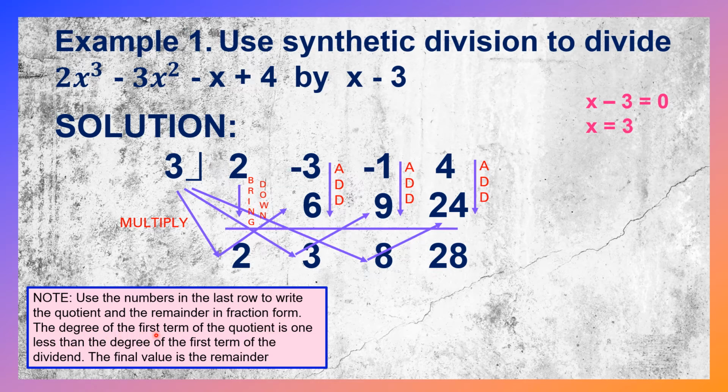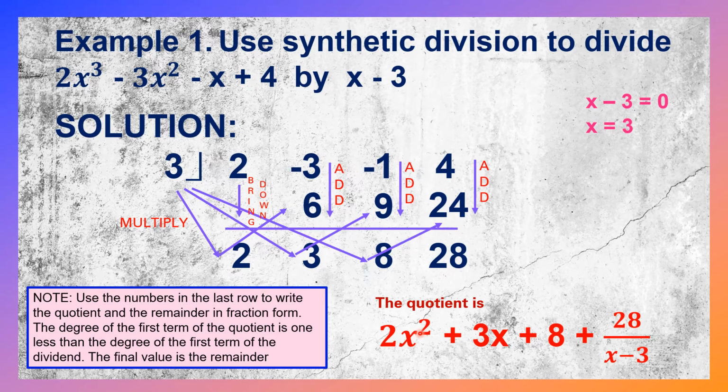The degree of the first term of our quotient is 1 less than the degree of the first term of the dividend. So the first degree in our dividend is 3. So we will subtract 1 here. So 3 minus 1 is 2. Therefore, our quotient starts with a degree of 2.